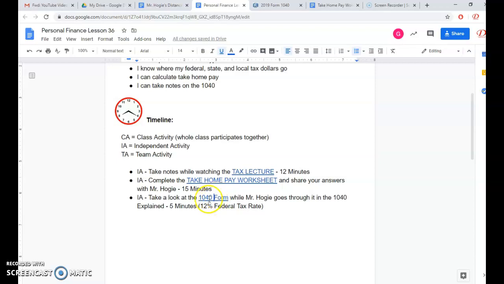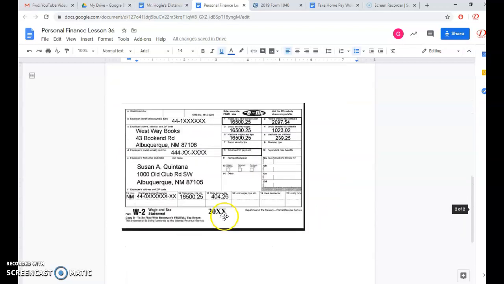I'm going to go through the 1040 form with you so that you understand what you need to do for your taxes. Those of you that have a job have probably already seen this.